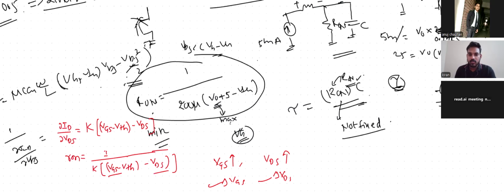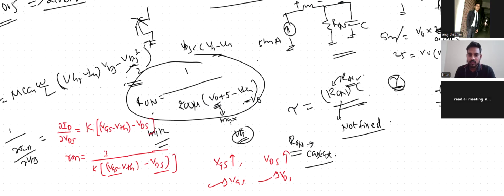Okay, then I have to consider the minus V naught also. Then my R1 should be constant. If I consider that Vds also, then R1 will not vary.